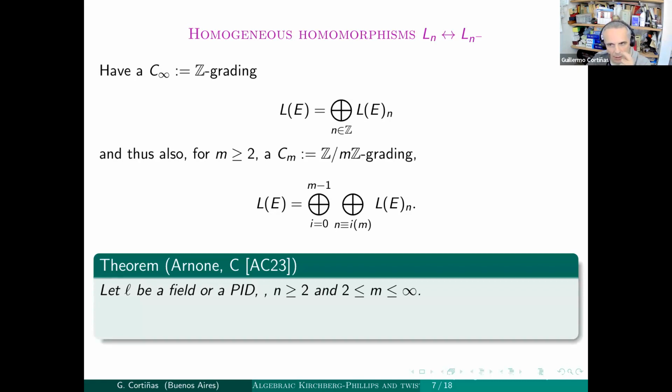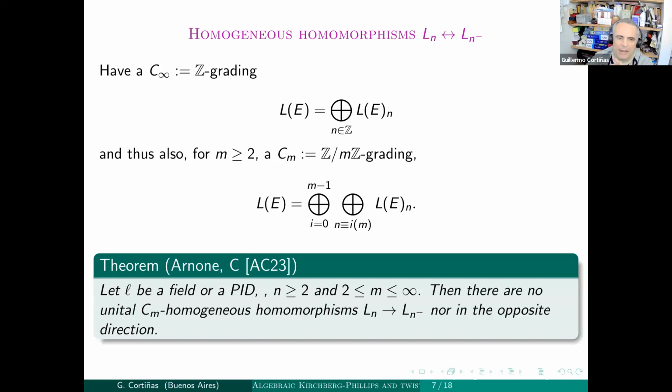L1 is the Laurent polynomials, which is not simple. And M, which will go for the grading, goes between 2 and infinity. Then there are no unital Z mod M homogeneous homomorphisms between L_n and L_n minus, nor in the opposite direction.